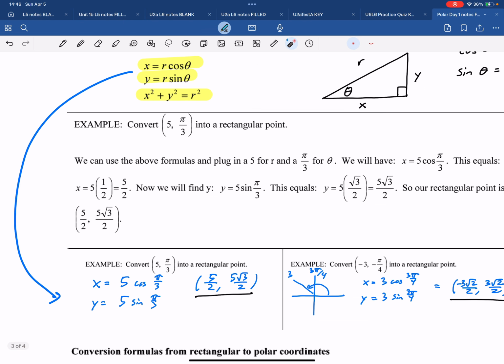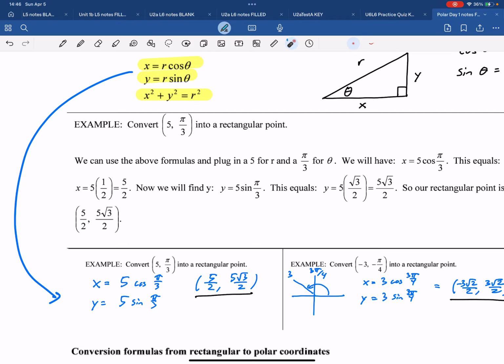If you want to just look at my answers, here's what I've got. You can check me. Hopefully this is right. Cosine of pi over 3, sorry, is a half. The sine of pi over 3 is root 3 over 2. So 5 times the cosine of that is 5 over 2, and 5 times the sine of pi over 3 is 5 root 3 over 2.